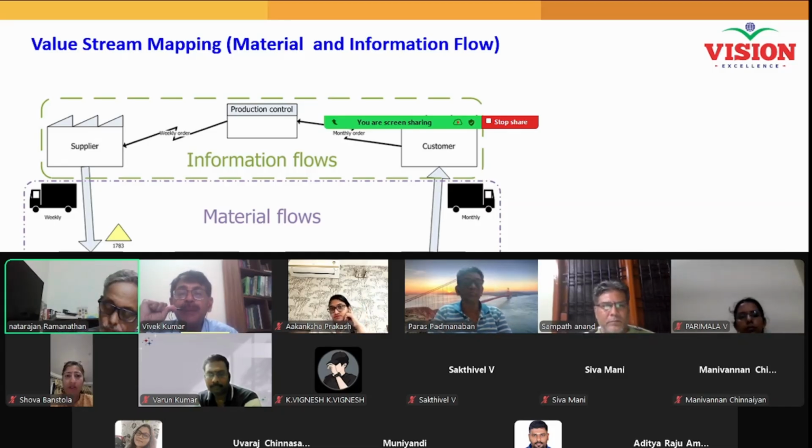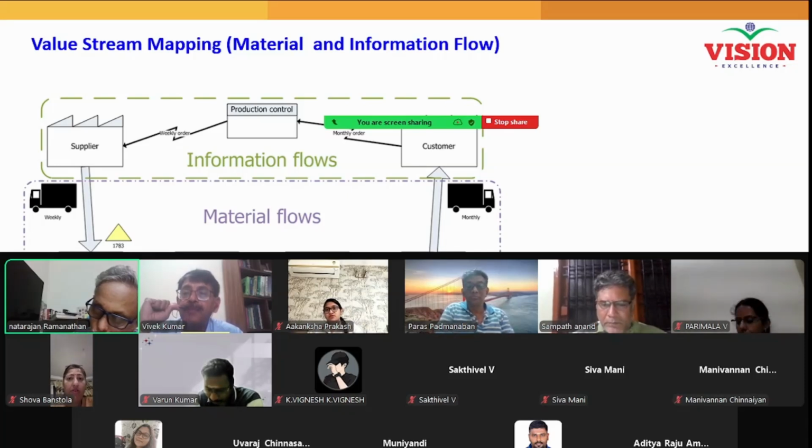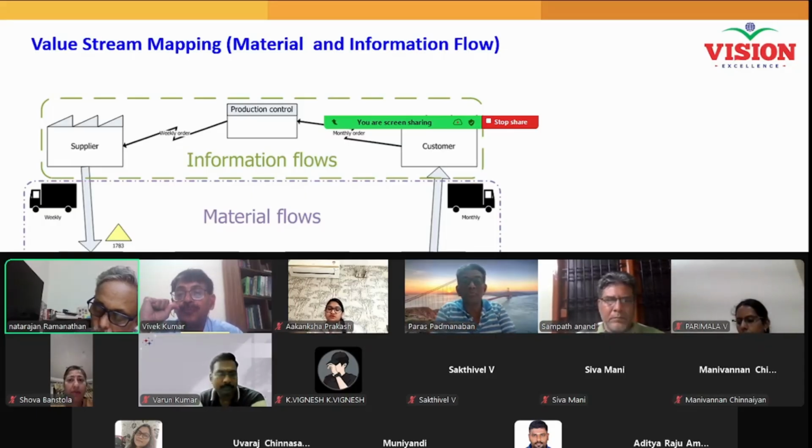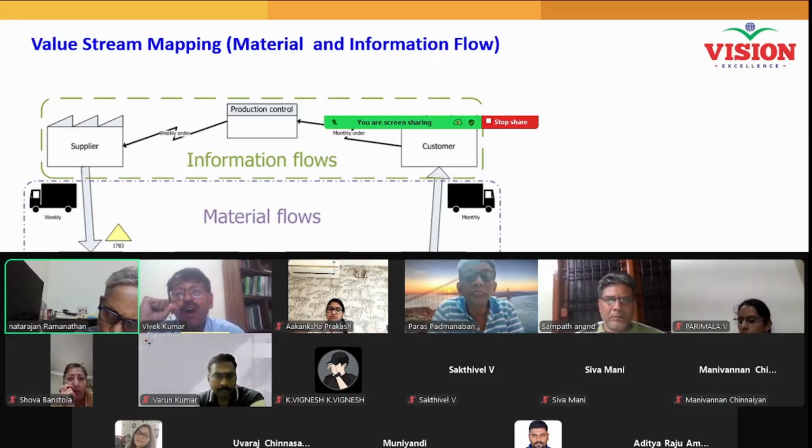So, this, my dear friends, is one example of value stream mapping. It is also known as material and information flow. Why? Because it will talk of how the material flows, as well as how the information flows in the system.